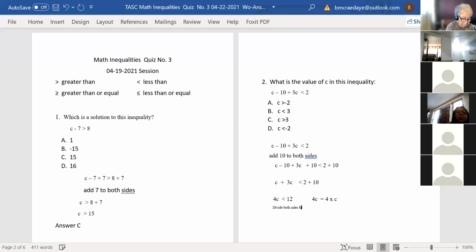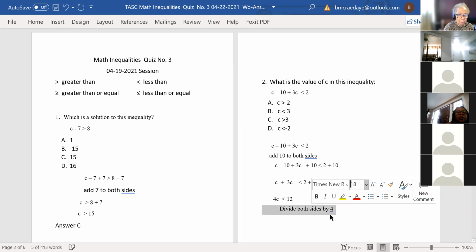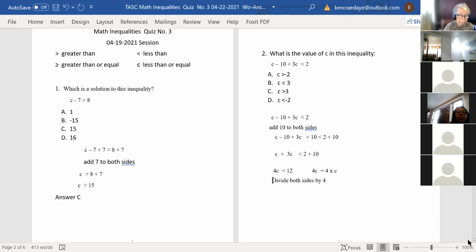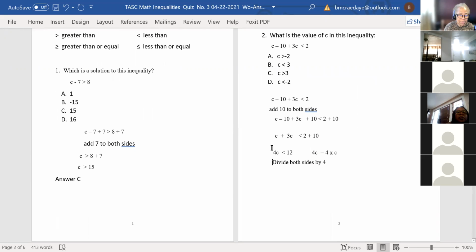So divide both sides by 4. Okay, now let's do that. What do you get on the left side? 4C divided by 4.